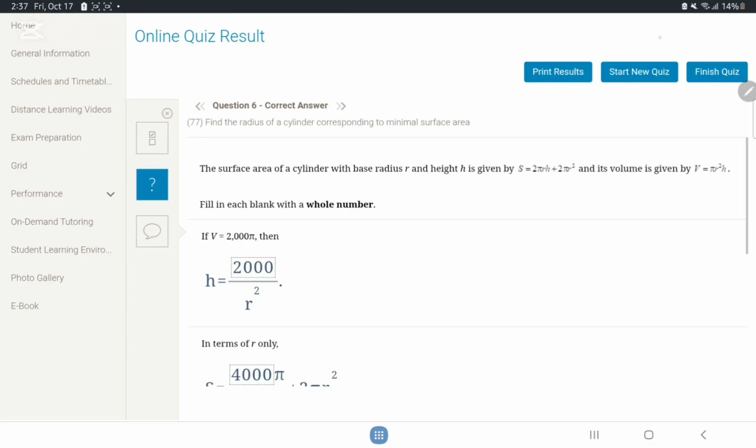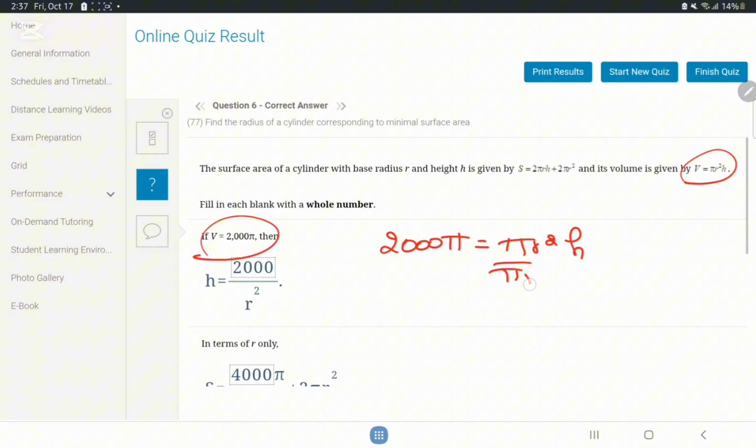Okay, now for this question, same thing. They want h, they give you volume, so 2000 pi is equal to the given volume pi r squared h. So divide by pi r squared on both sides to isolate h. Pi and pi will cancel out, and we'll get 2000 over r squared.